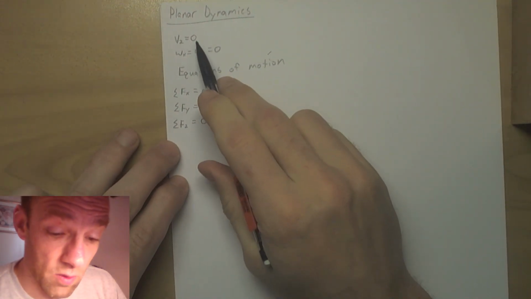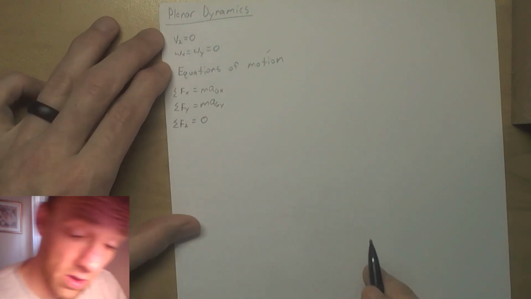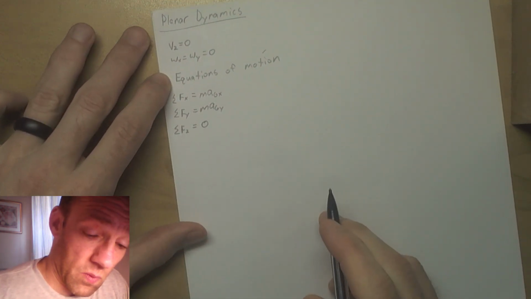Now, because vz equals 0, the acceleration in z is also going to be equal to 0. So we get that simplification.